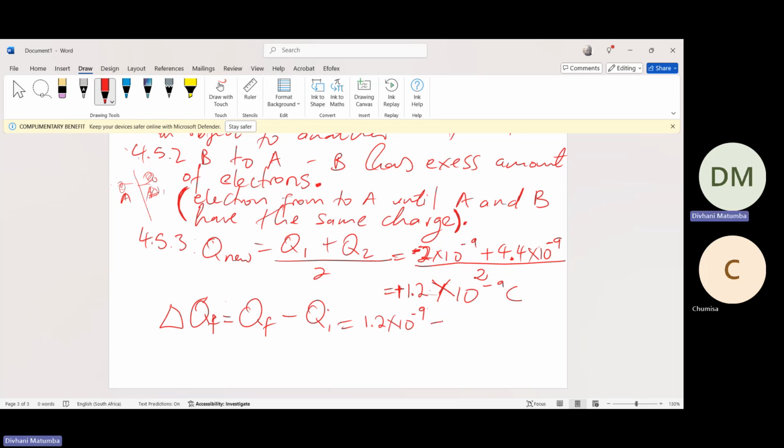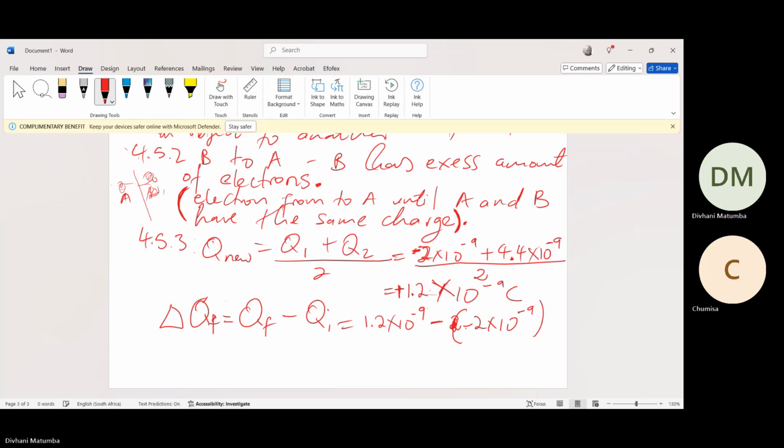And we will subtract the Q of the negatively charged object, the object which has an excess amount of electrons, which was 2. It was minus 2 times 10 to the power of minus 9.